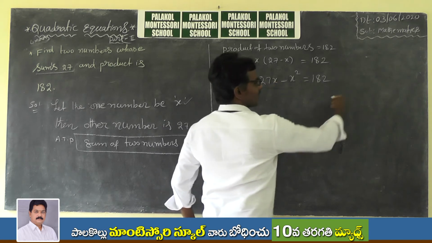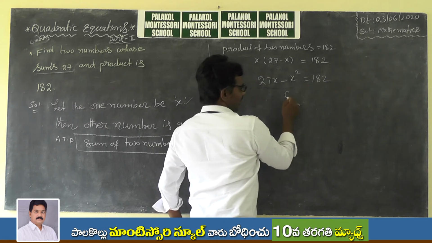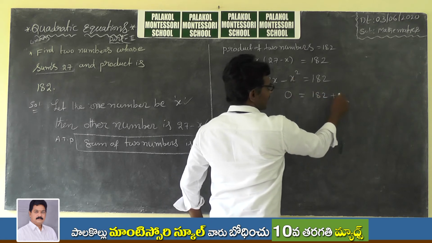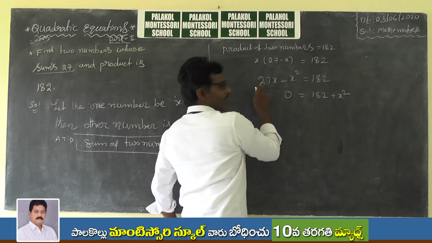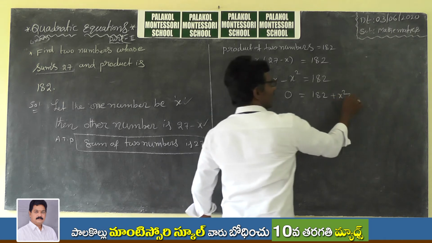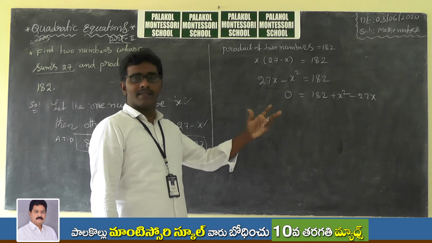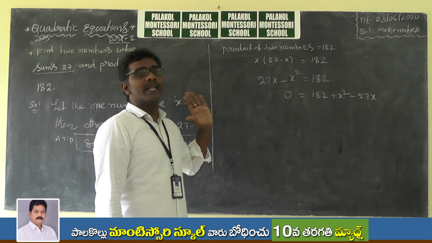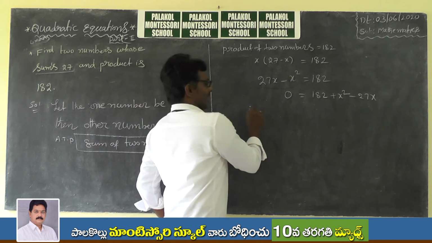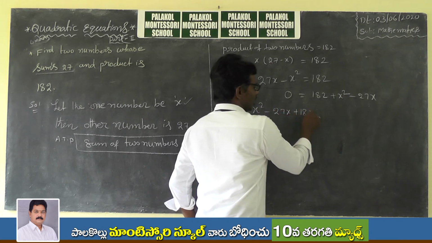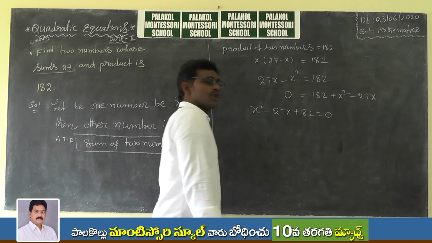Remaining all terms move to that side: 0 becomes 182, minus x square becomes plus x square, plus 27x becomes minus 27x. You write in proper order, that means in the standard form. So x square minus 27x plus 182 equal to 0.